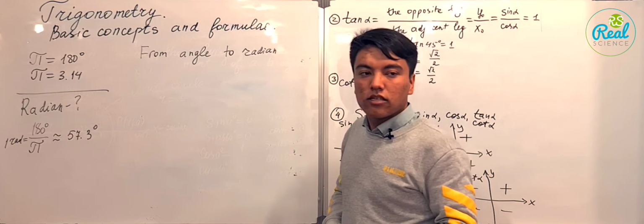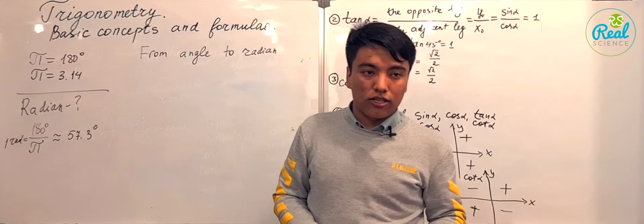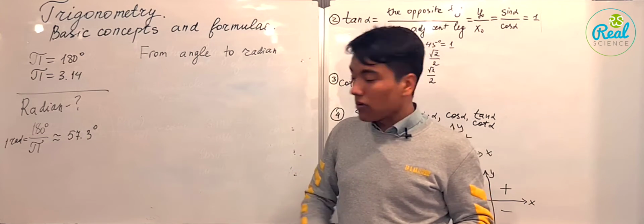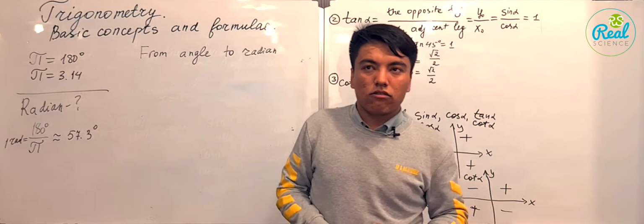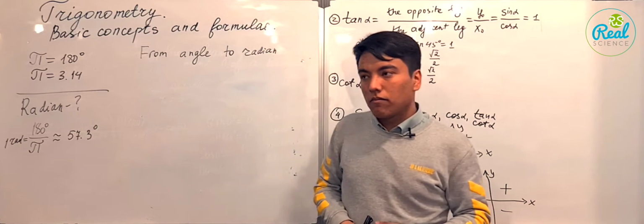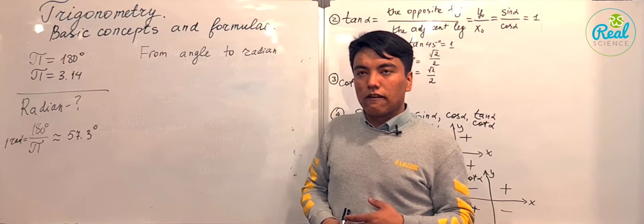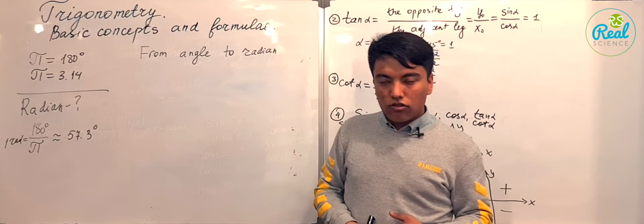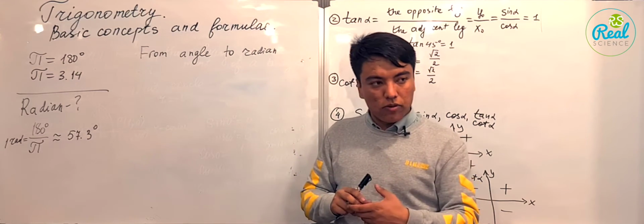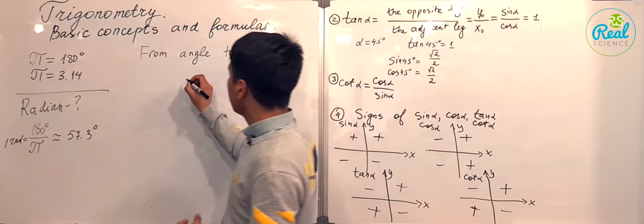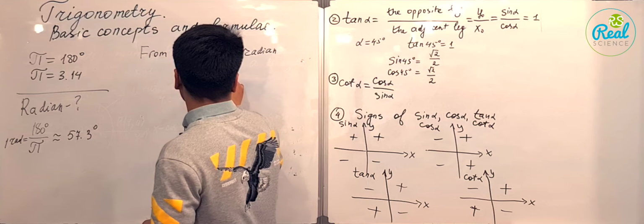When converting from angle to radian, we must multiply the angle by this measure. For example, if you have 300 degrees, from angle to radian it must be vice versa, not 180 over pi, but pi over 180.